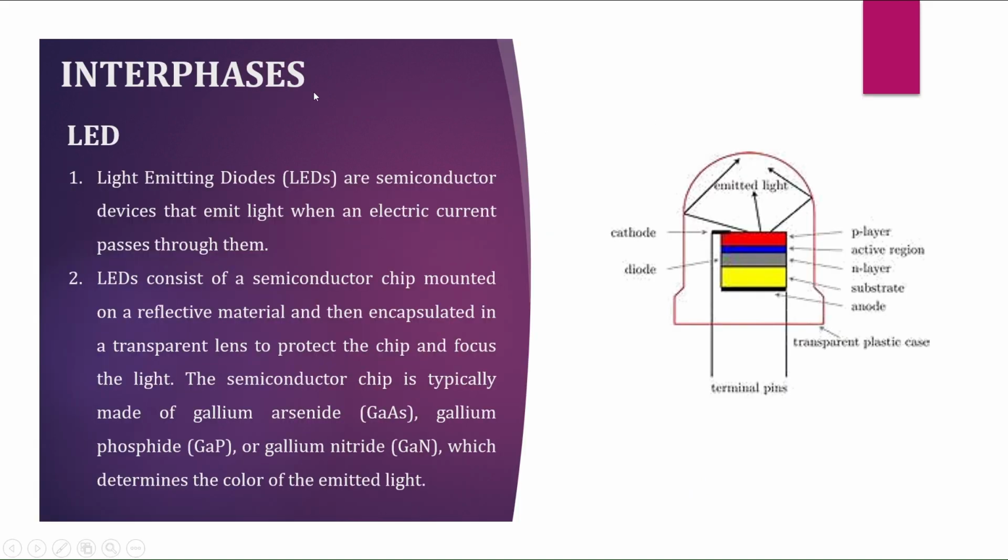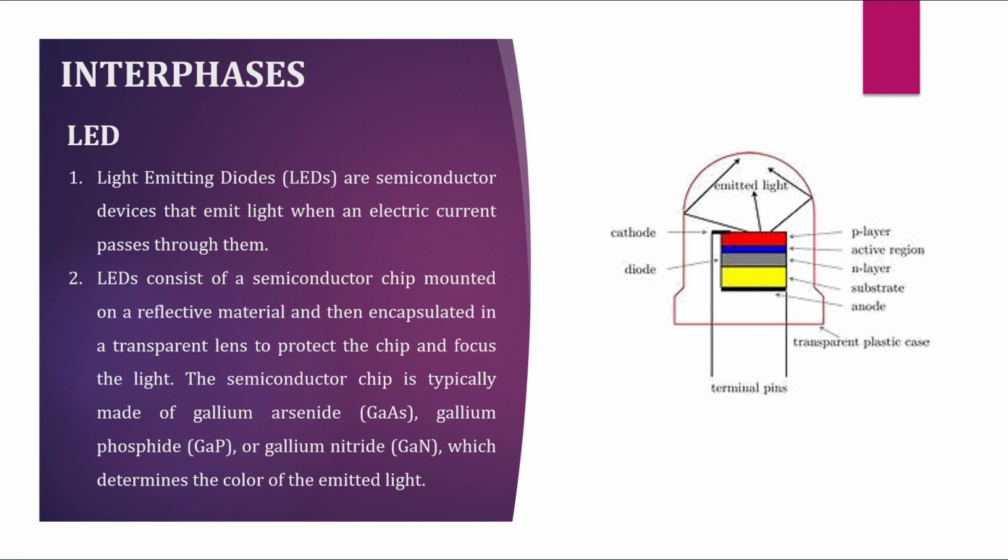So coming to the interfaces that we have used to implement this project, the first is LED. As we all know, LED is nothing but light emitting diodes. They are semiconductor devices that emit light when an electric current passes through them. LEDs consist of a semiconductor chip mounted on a reflective material and then encapsulated in a transparent lens to protect the chip and focus the light.